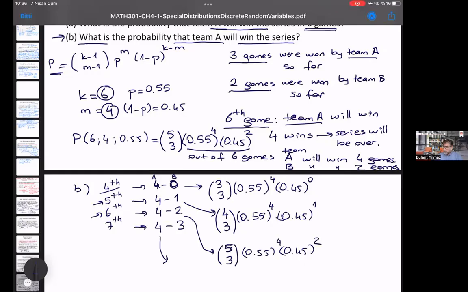And the last one, out of 6 games, again, team A will win 3 of them, and finally they will be winning 4 of the games, and the other team will win 3 of the games. Okay, so that means I will add all these up to find the probability that team A will win the series. Okay, this plus this plus this plus this will be the answer.